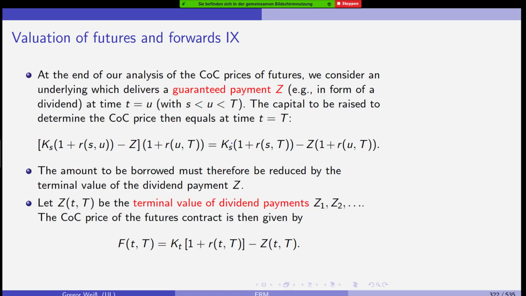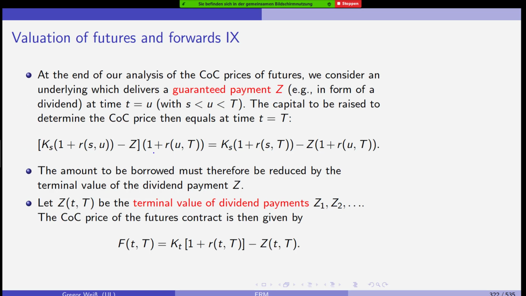Now, at the end of our discussion of the cost of carry price of futures, let's consider an underlying which guarantees a payment Z, for example, a dividend. We can also include a dividend in this model. It simply means that the capital that needs to be raised to determine the cost of carry price is higher or lower.